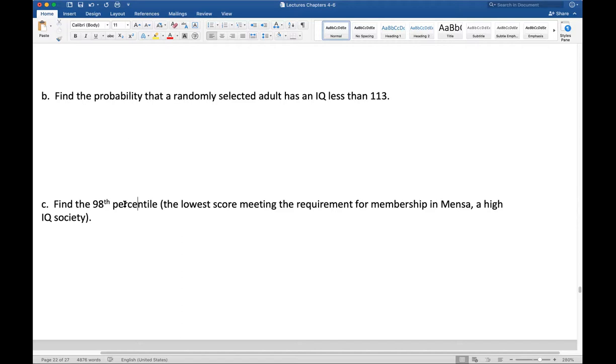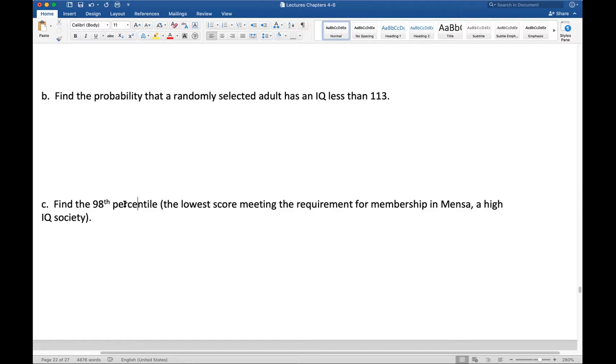So from the lowest up to the value right below that value, out of the whole data, 98% of data values are below that percentile. That's the meaning of the 98th percentile.